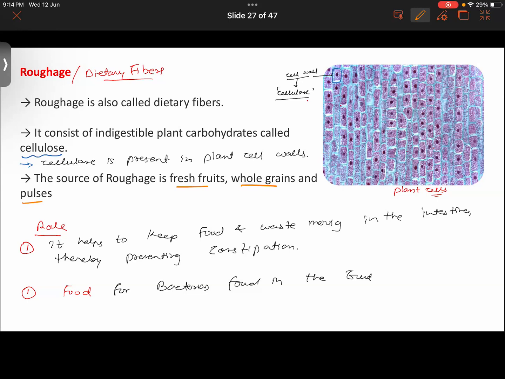Very good. They also help in easy absorption of food, help in movement of the food and prevent constipation. And this dietary fiber is made up of a carbohydrate called cellulose. This cellulose is found in plant-based food or animal-based food.